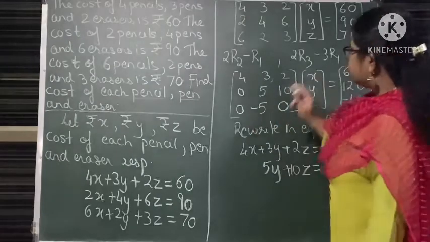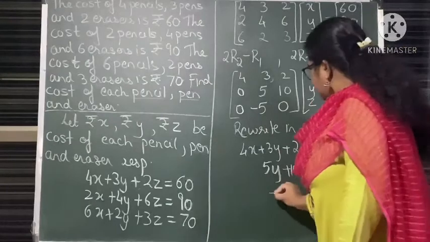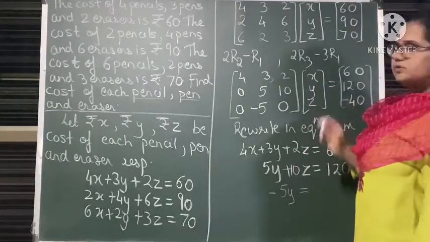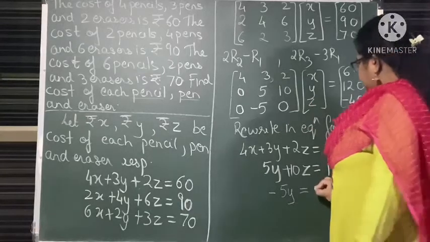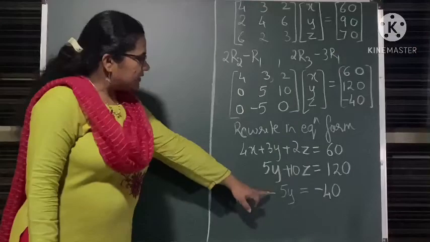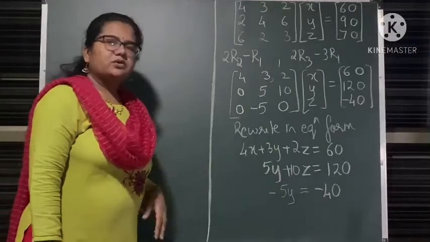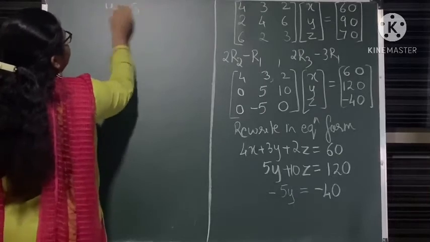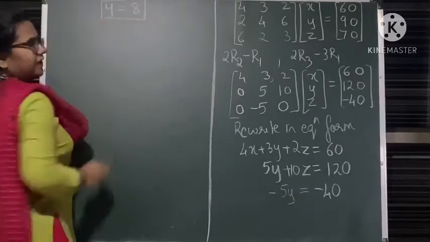Then 0 into x is 0, minus 5 into y, 0 into z is 0, is equal to minus 40. Okay. So last equation, minus 5y equal to minus 40, means y equal to 8. So from last equation you get y.